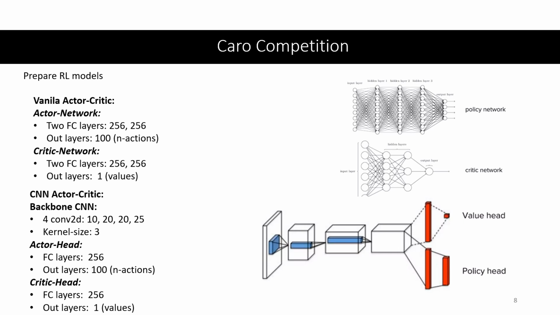The action head is one fully connected layer of 2056, and the output layer is the number of actions, 100. The critic head is a fully connected layer of 2056, the same as the action head, and the output layer is 1, as the value.